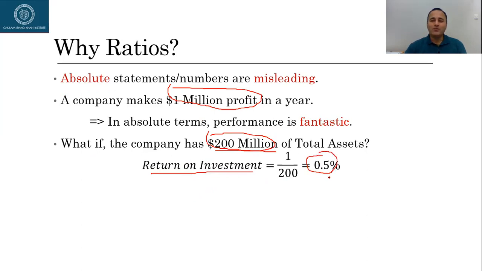So $1 million in absolute terms looked fantastic, but if I calculate the ratio of return on investment, the performance is absolutely pathetic.